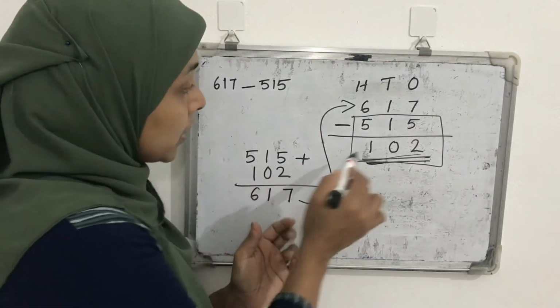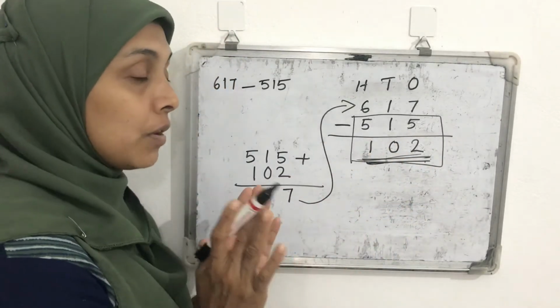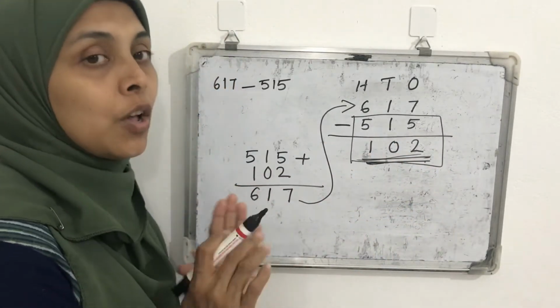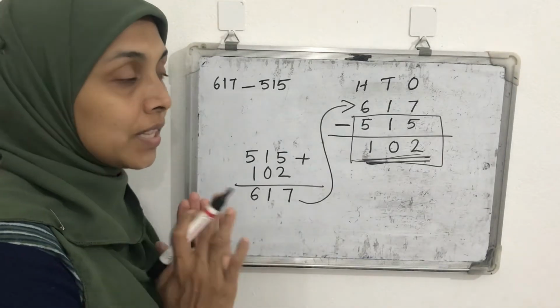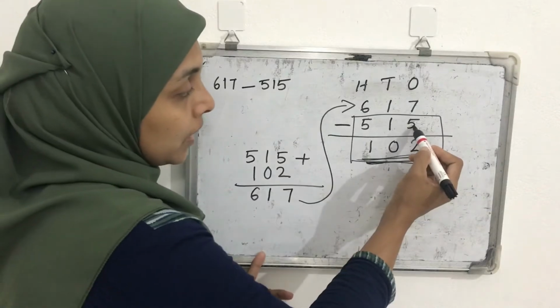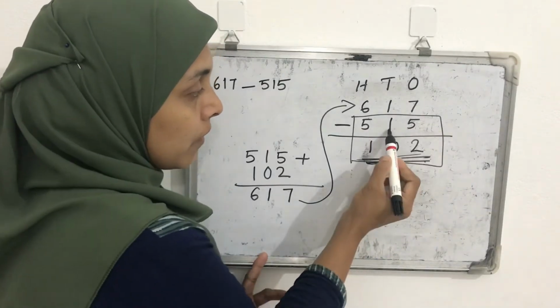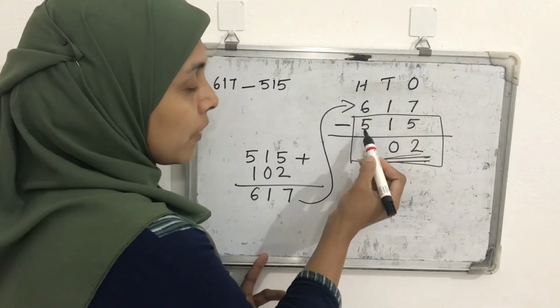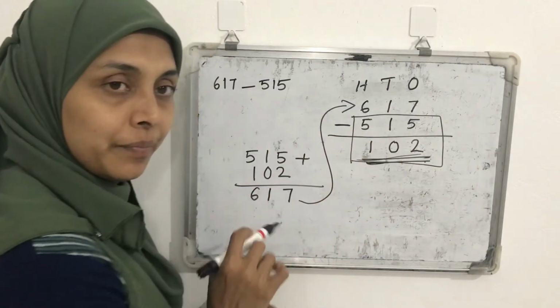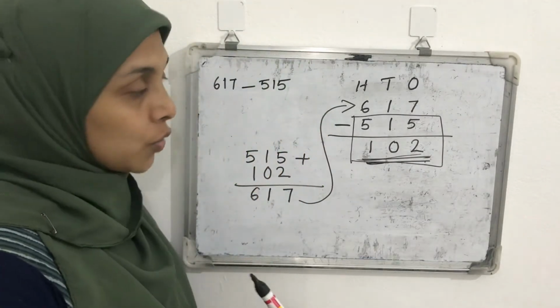If you got another number, then you should think our subtraction is wrong. Clear? How do we check? Add the second number with the answer. 5 plus 2, 7. 1 plus 0, 1. 5 plus 1, 6. In that way we can check whether our subtraction is correct or not.